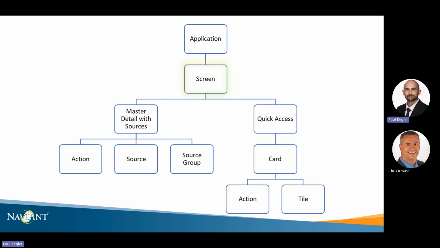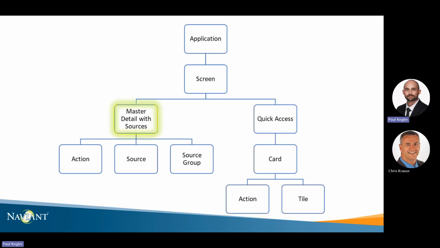Screens come in two major flavors. We have the quick access screen, which provides a dashboard type view with critical information and shortcuts to commonly used actions. This screen type consists of a card layout where you can organize your actions and source tiles all on a quick access screen.